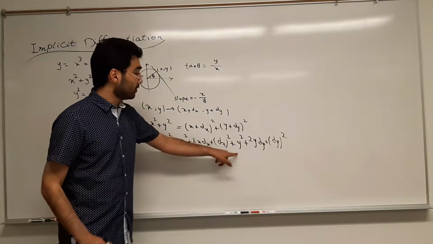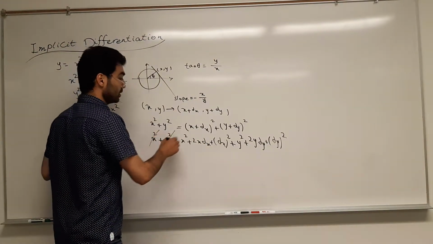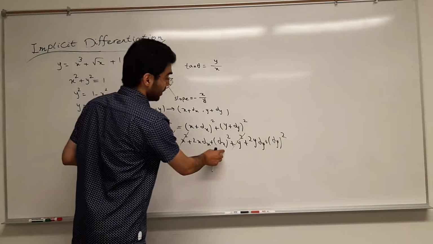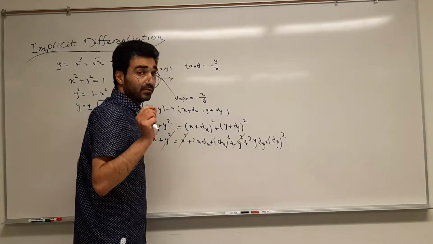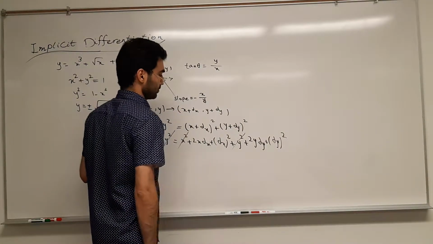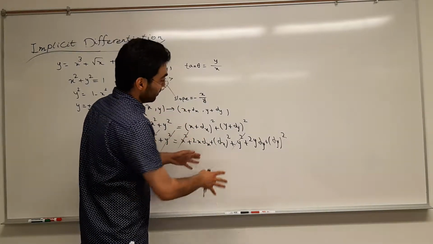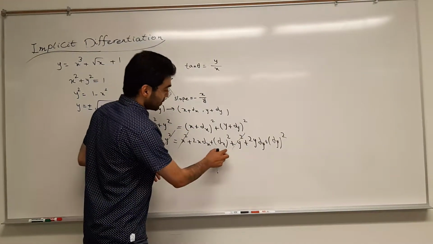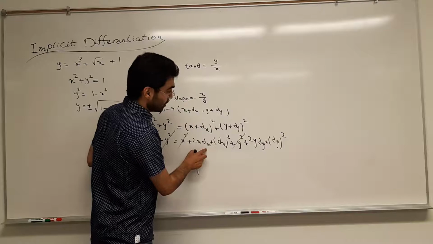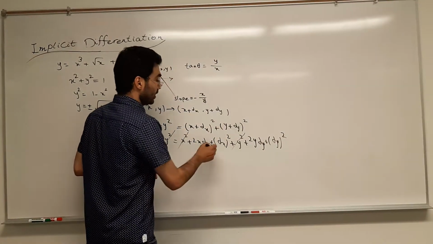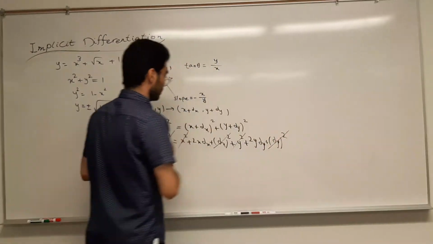X squared and y squared cancel from both sides. And if you remember, dx is an infinitesimal change in x. It's really small. When you square it, it gets even smaller. So dx squared compared to 2x dx, or dy squared compared to 2y dy, is actually negligible.